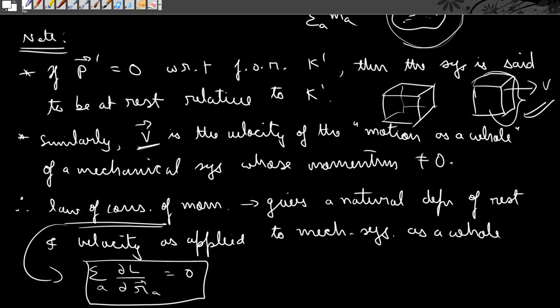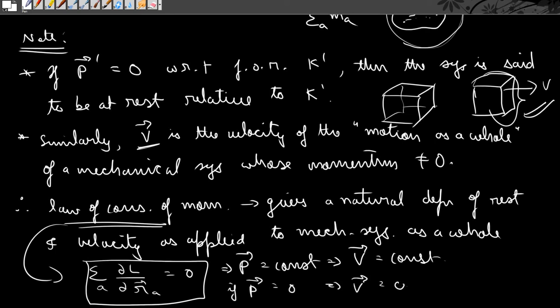Once this is valid, this implies P is constant, which implies V is constant. And if P is 0, it implies V is 0. And we define this condition as rest and this as the definition of velocity of the entire system as a whole. So we define this condition as the entire system being at rest and this condition as the entire system moving with a constant velocity.